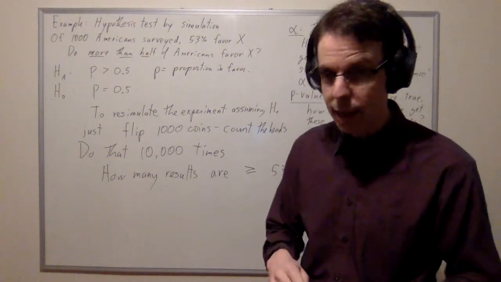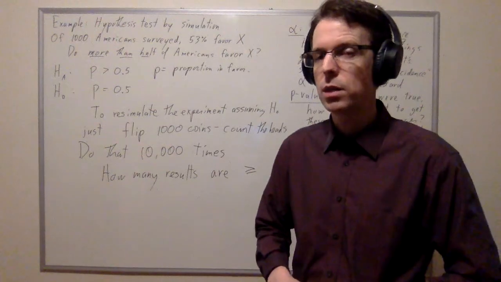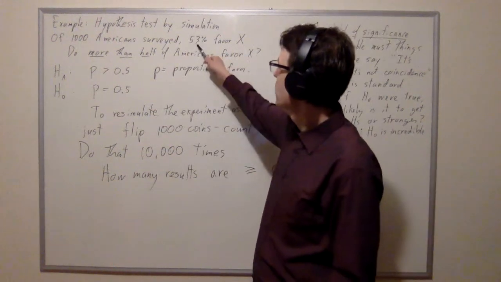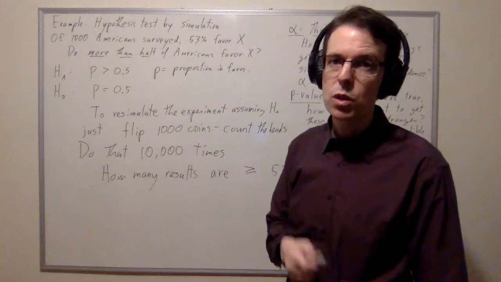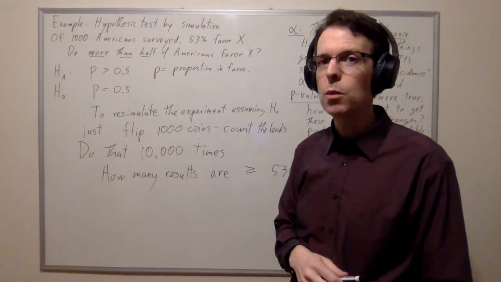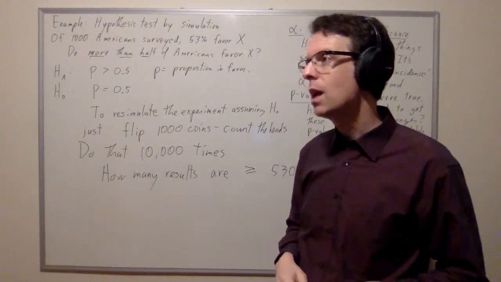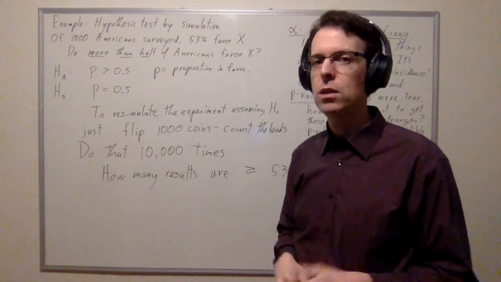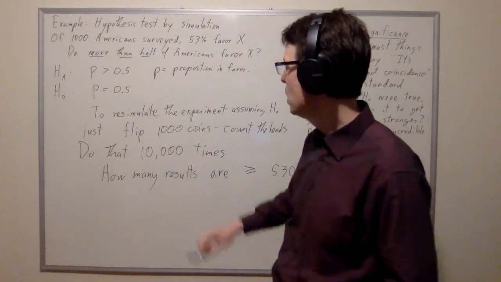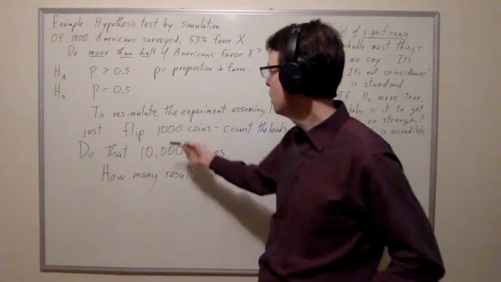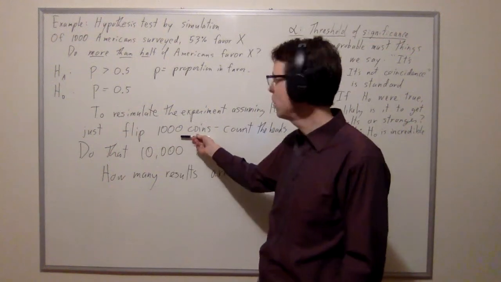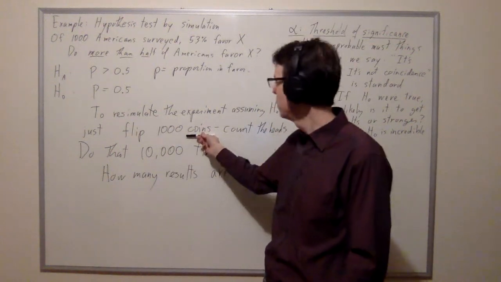Why is this the key question to ask? Because the actual measurement that we got was 53%, which is 530 out of 1,000 people. And what we're really asking is, how likely is that in the case of the null hypothesis? So what we do is we pretend the null hypothesis is true, which makes the experiment simply a coin flip experiment with 1,000 coins.